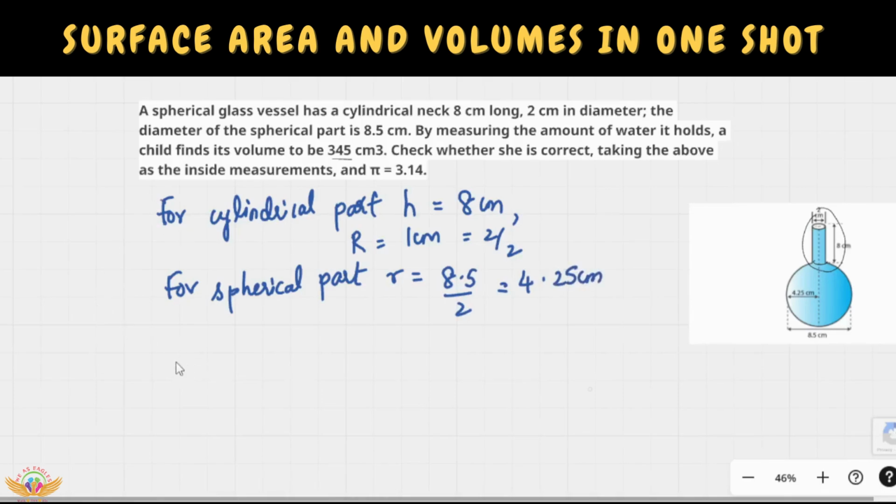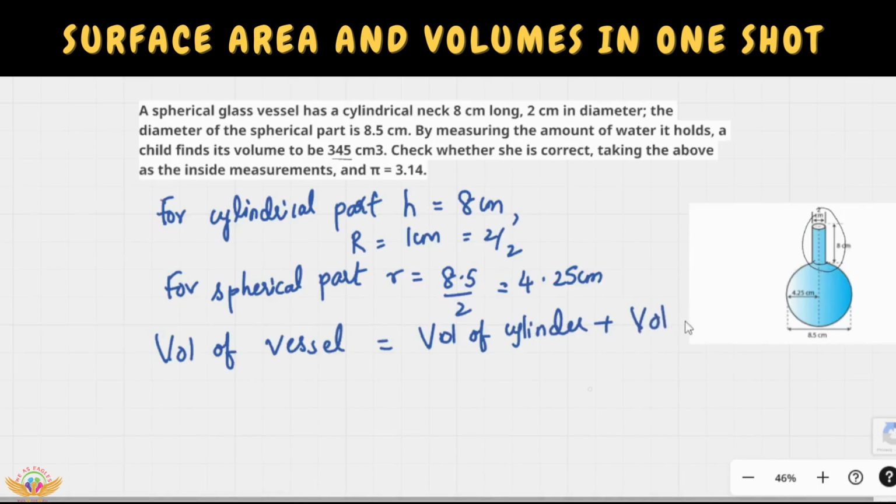Done. Now volume of the vessel. Volume of vessel is equals to the volume of cylinder plus the volume of this sphere. Just substitute the formula. Pi r square h, pi into 1 square into 8, plus 4 by 3 pi r cubed, that is 4 by 3 into pi into 4.25 whole cubed.